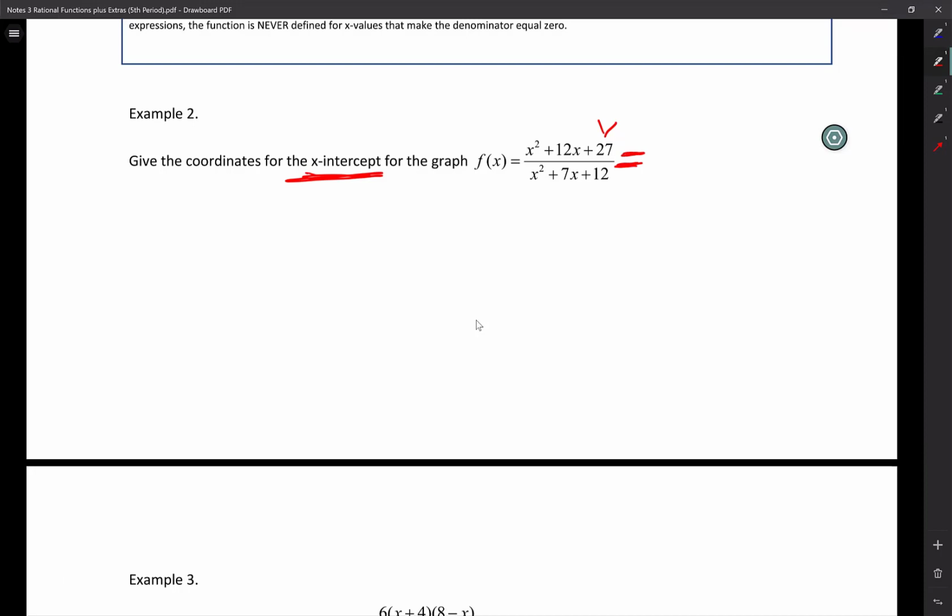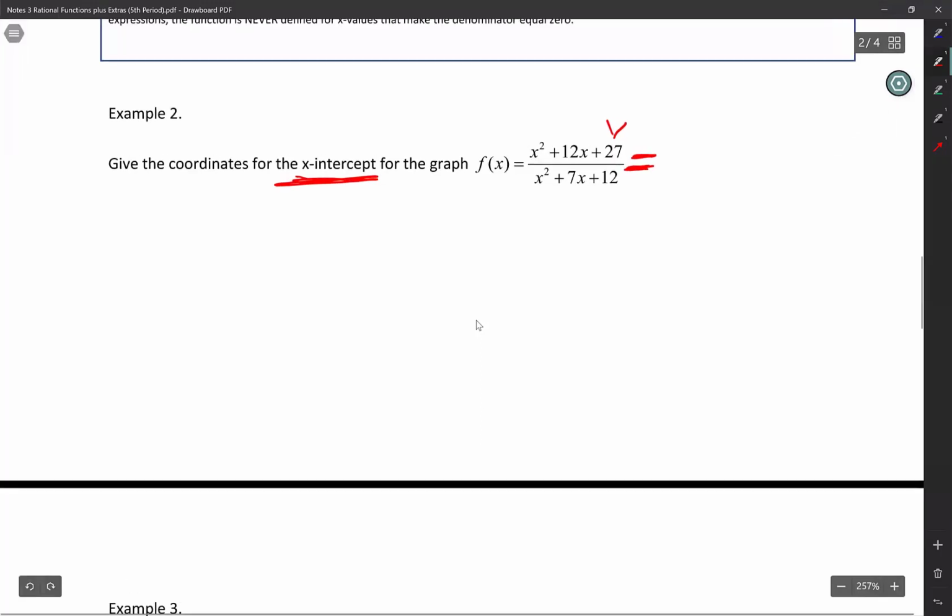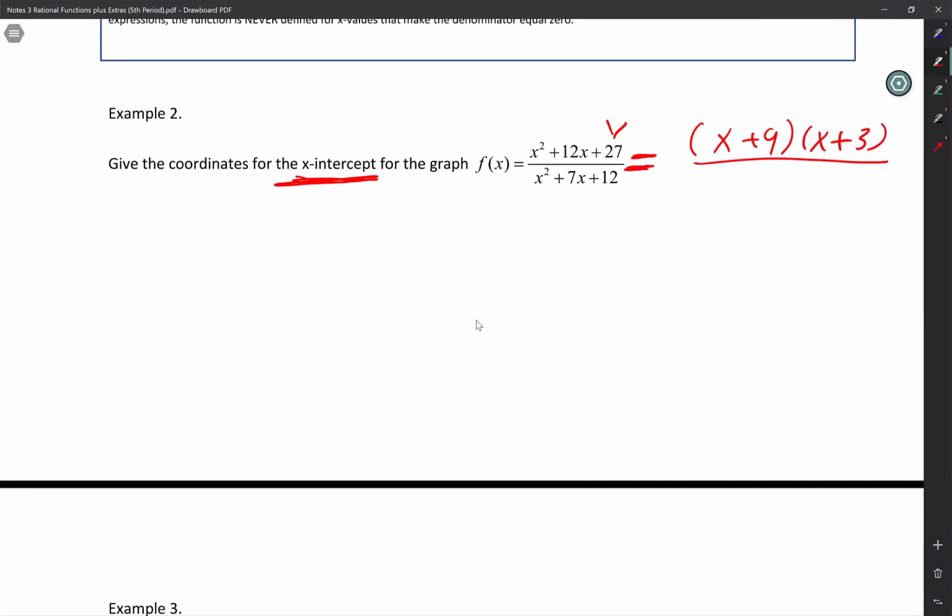And now I'm going to factor. Two numbers that multiply to 27 and add up to 12. That's going to be x plus 9, x plus 3. 9 times 3 is 27, and 9 plus 3 is 12. In the bottom, two numbers that multiply to 12 but add up to 7.